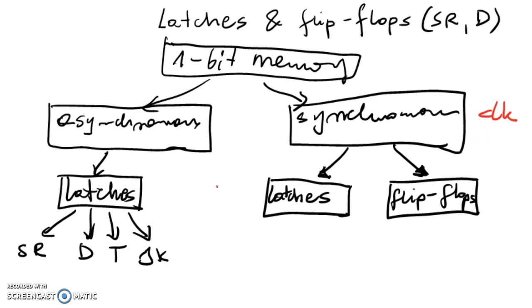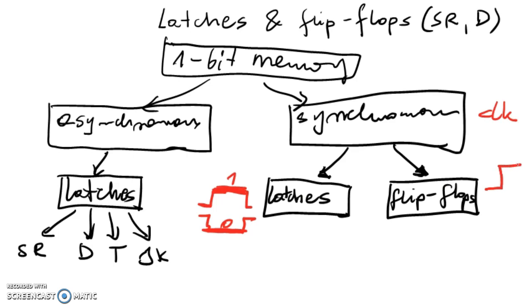One is the level: they are active when there is an active level. There can be 2 levels, of course, 0 and 1, and they can operate when there is a given level on the clock.